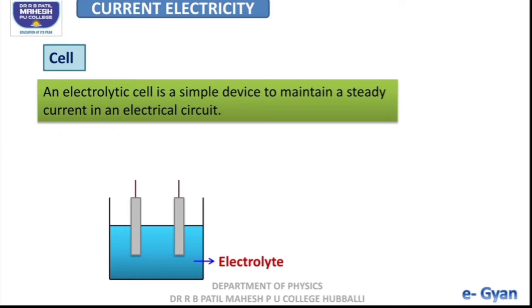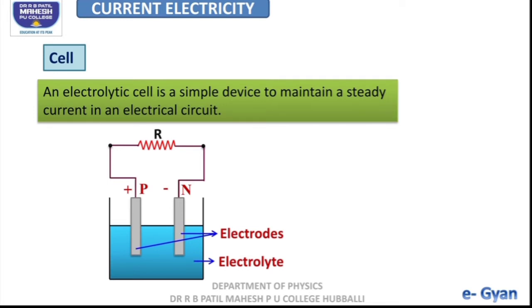Out of these two electrodes, one will act as the positive electrode and the other as the negative electrode. This is the arrangement for a cell. This cell is connected to an external resistance R. Then current starts flowing in the external circuit from the positive terminal of the cell to the negative terminal of the cell.